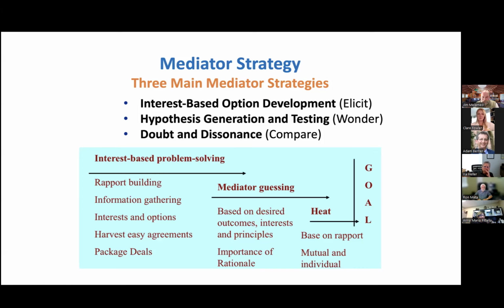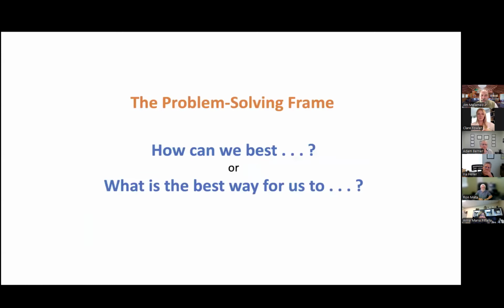But the last thing you want to do as a mediator is to offer doubt and dissonance or heat without rapport firmly in place. Heat with rapport in place is a concerned friend wanting to be sure that you make fully thoughtful decisions. Heat without rapport is an attack by an agent of the enemy. Okay, so let's keep moving.